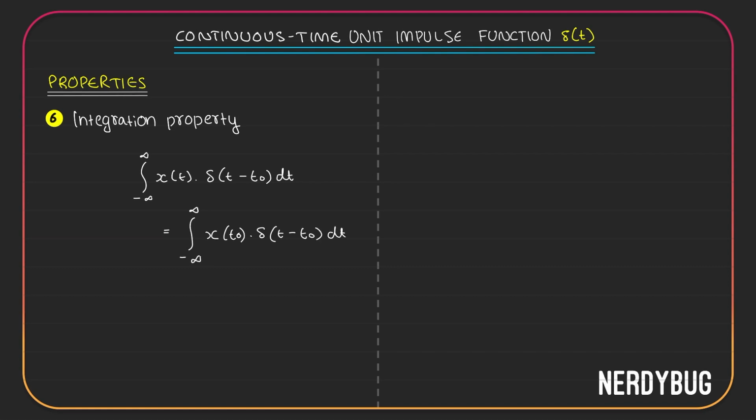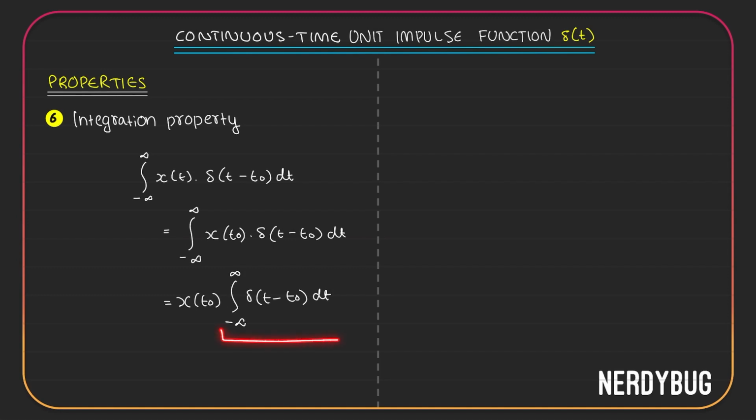Now, x of t naught is the magnitude at t naught. It is a constant. We can take that outside the integration. X of t naught, integral from minus infinity to infinity, delta of t minus t naught dt. What is delta of t minus t naught? It is delta of t shifted a little bit towards the right. That doesn't make any change to its magnitude. That doesn't make any change to the area under the graph.